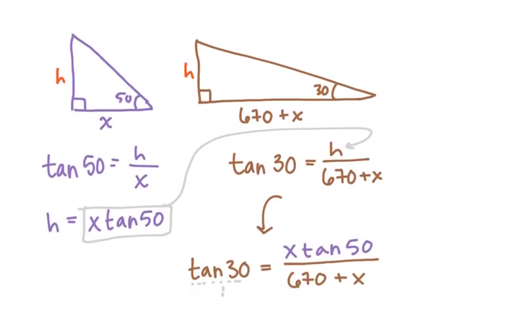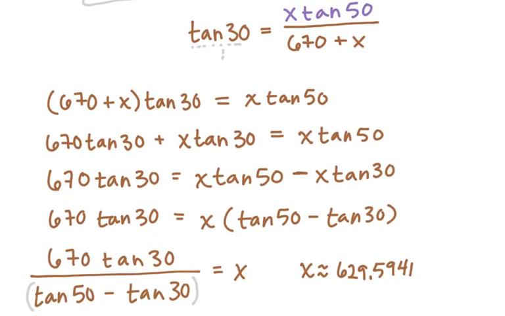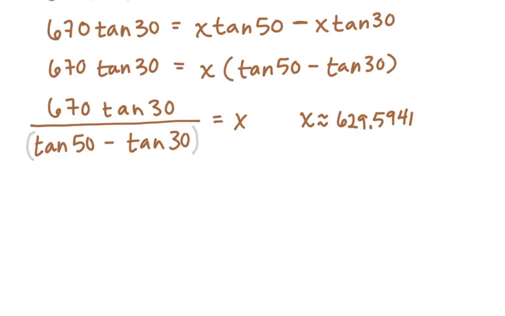If we go back down a little bit into our work, did we define h in terms of x? We did. We said that h is going to be equal to x tangent 50. So we know that h equals x tangent 50. Now, you want to be careful using your calculator.